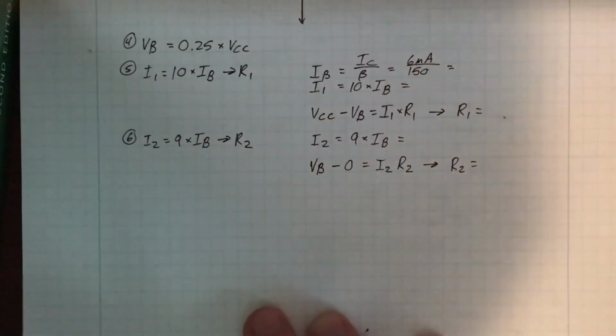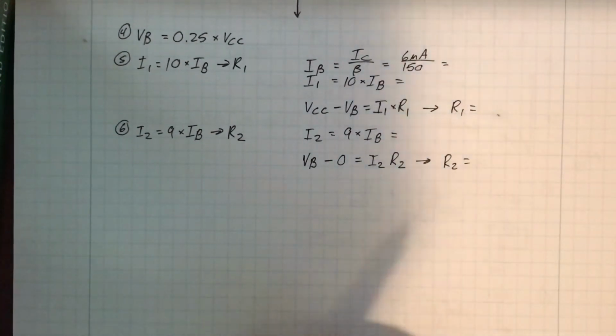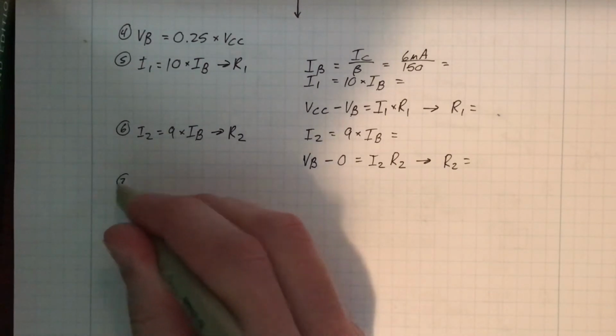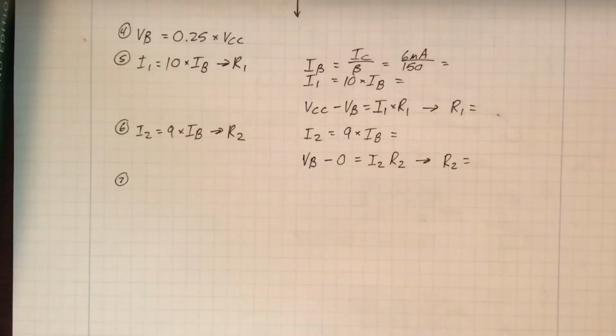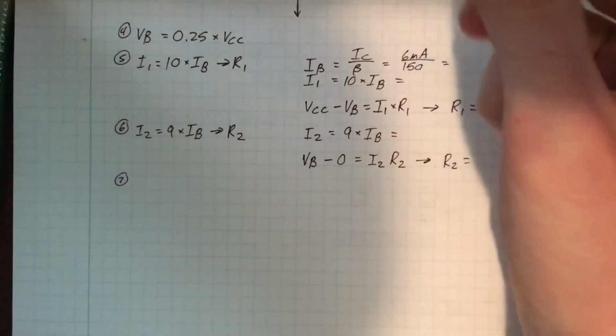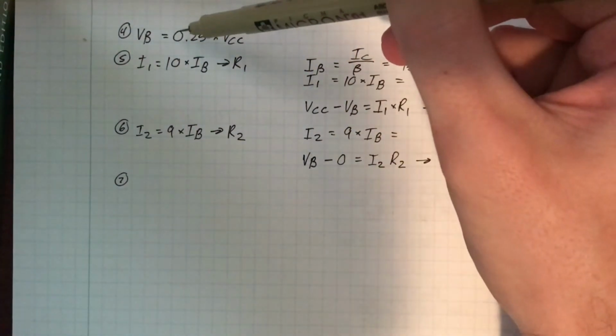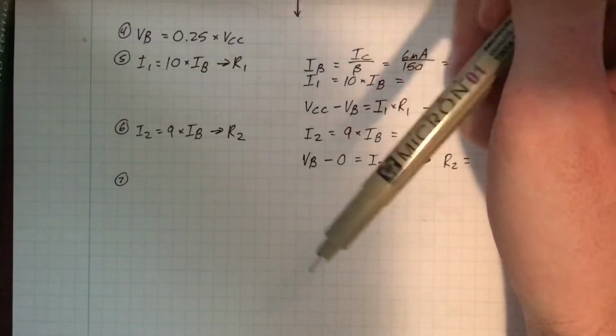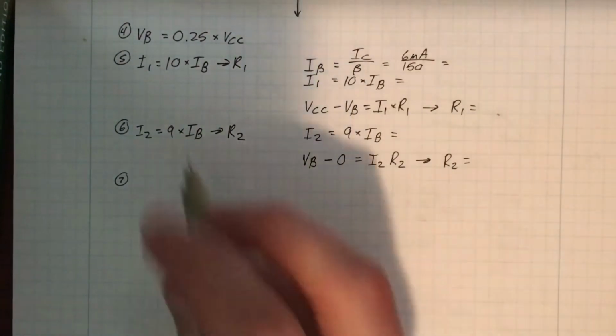Alright, so now we just got the emitter resistors to figure out. Okay, so this one's saying solve for the sum of RE1 and RE2. The base voltage we chose in part 4, and we can quickly figure out the emitter voltage based on that.